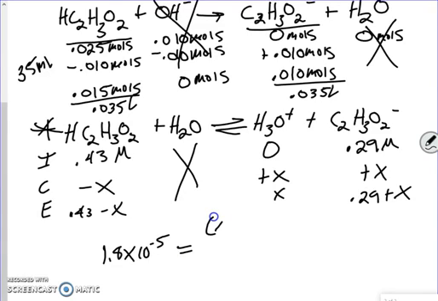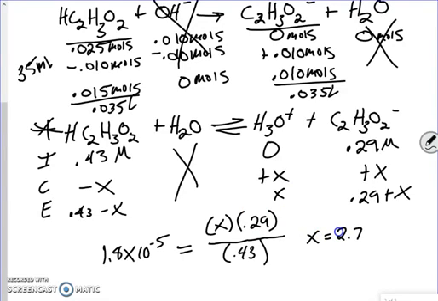Okay, products over reactants, so X times 0.29. And remember, we're getting rid of the minus X and plus X because we are assuming due to the size of K that X is negligible. Okay, and what we get from here is that X equals 2.7 times 10 to the negative 5th. And again, notice that that is our hydrogen ion concentration.